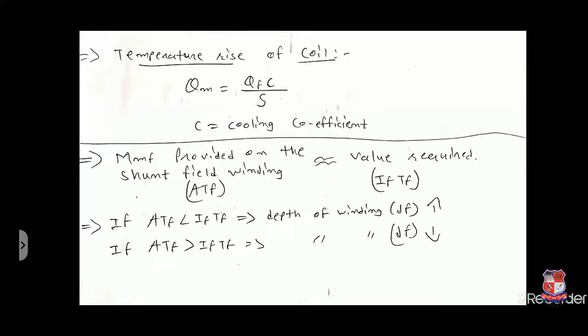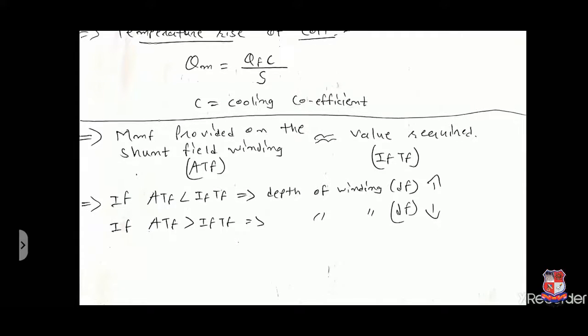So in that case, suppose our ATF is less than IF into TF. IF into TF is the multiplication, so keep that in mind. So if ATF is less than the product of IF into TF, what can we do? We can increase the depth of the winding so that our ATF will be increased. Vice versa, if ATF is greater than IF into TF, the depth of the winding will need to be decreased.